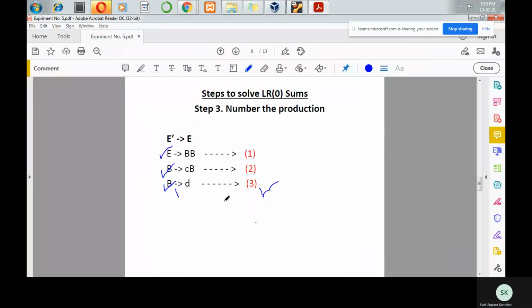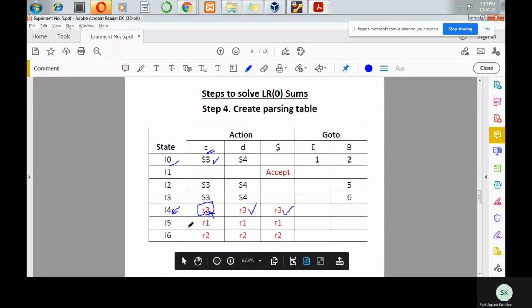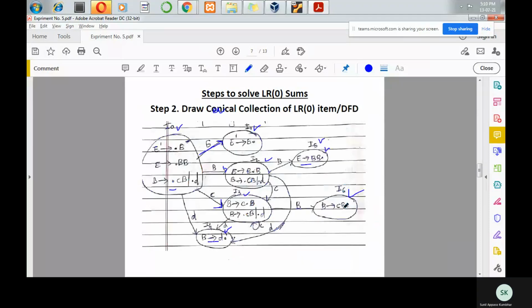Okay, so in I5 row and the action column, R1 entry is filled, reduced entry is filled. Similarly, for I6 is carried out. For I6, it holds a final item, B produces CB dot.